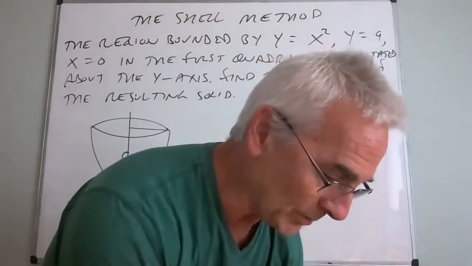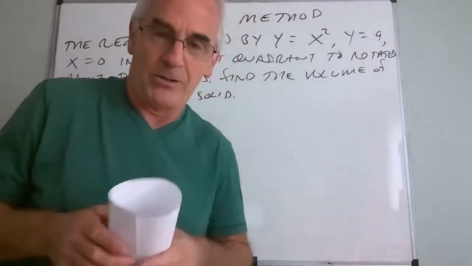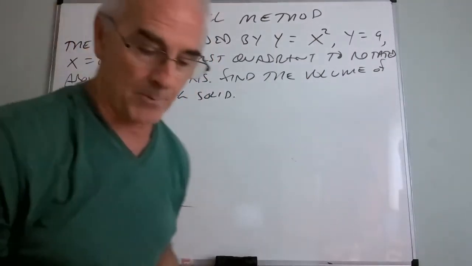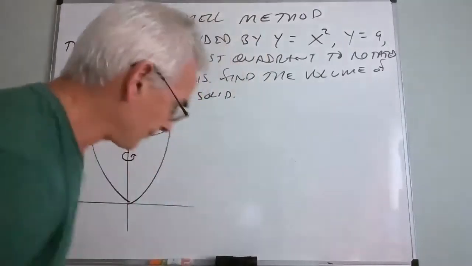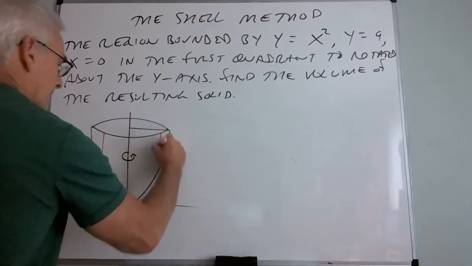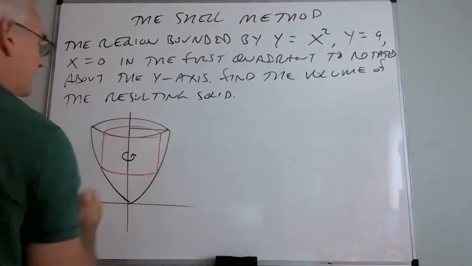So what I want to do, once again, is take my shell and slice it vertically. And what that will do is give me pieces that look like this.